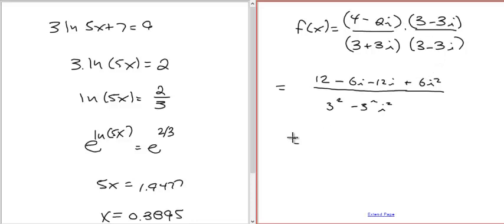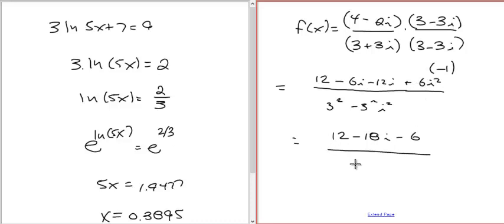At that point, we can go ahead and combine the two imaginary parts. So negative 6 minus 12 is negative 18i. And i squared is negative 1, so this becomes positive 6i squared, which is negative 6.